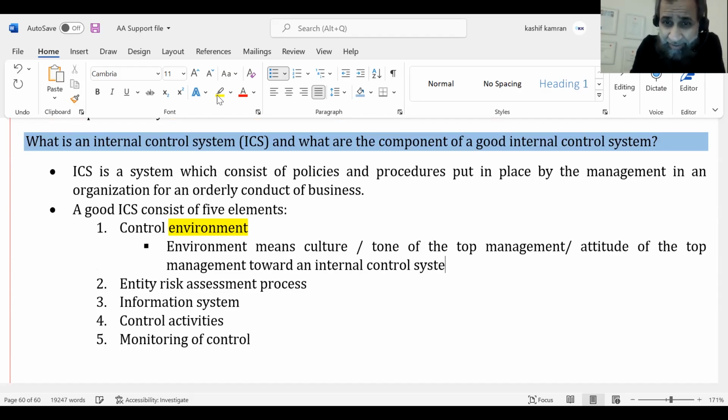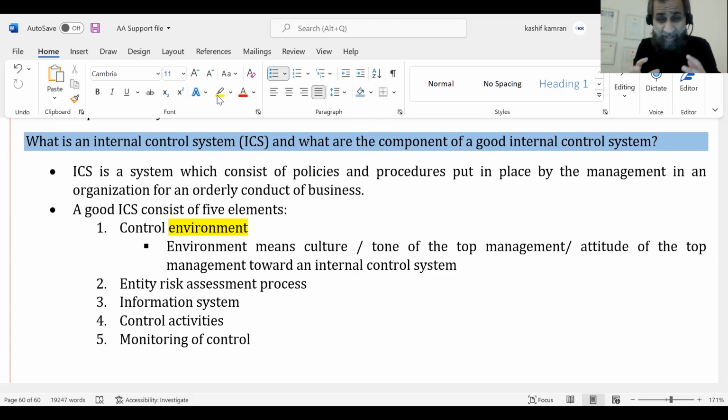How serious is the top management about putting in place a system? Does the top management like to invest resources, like to invest time, like to invest money in developing a good system? Is the management really serious about having a good system in place?